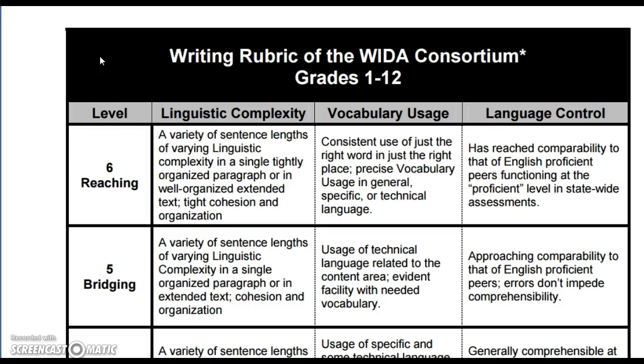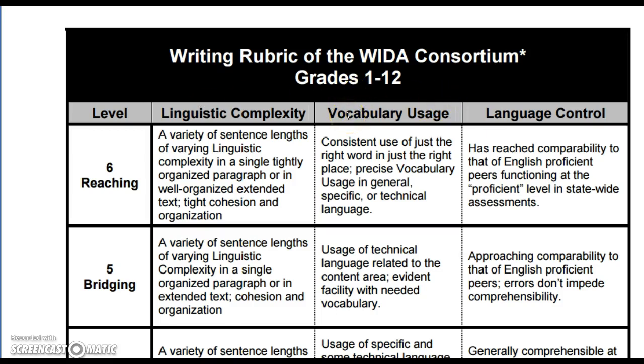Just like in the speaking rubric, the English language proficiency level of the student is listed down the left-hand side, and across the top we have those same three expressive language domains: linguistic complexity, vocabulary usage, and language control. Once again, linguistic complexity refers to the variety and length and complexity of sentences that students are using.